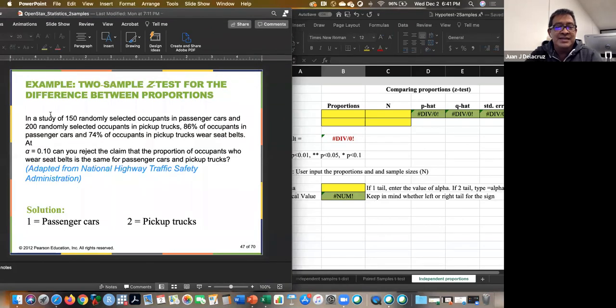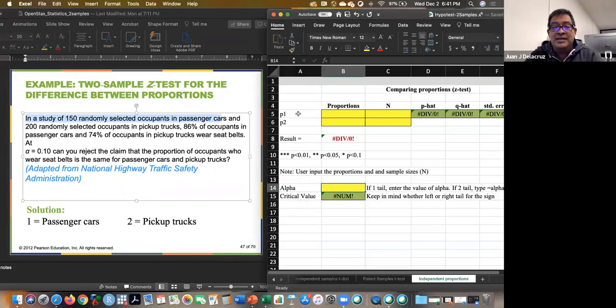So we have a case. In a study, 150 randomly selected occupants in passenger cars. I can even write here passengers versus pickup, right? So I can personalize it more. Remember, this is 2 samples.